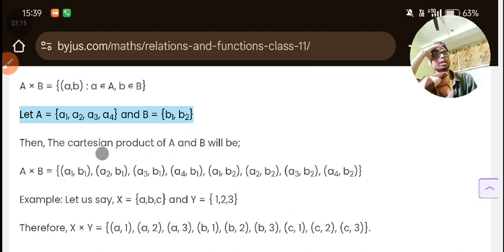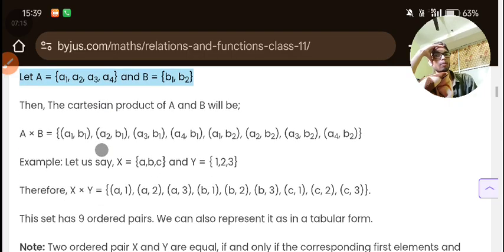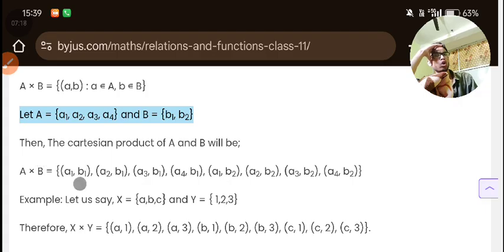Now the meaning of the Cartesian product of sets is that we will make pairs as coordinates. From Cartesian, think of coordinates. First we will take this, then this, then this, like that.